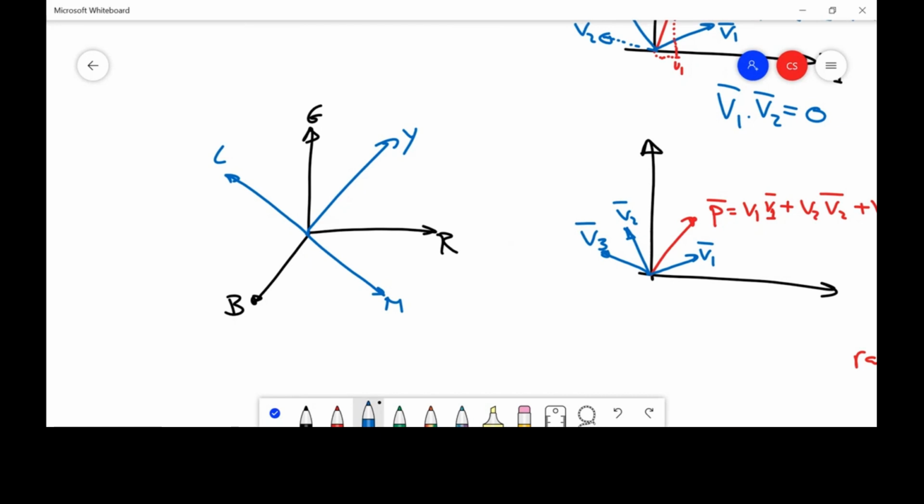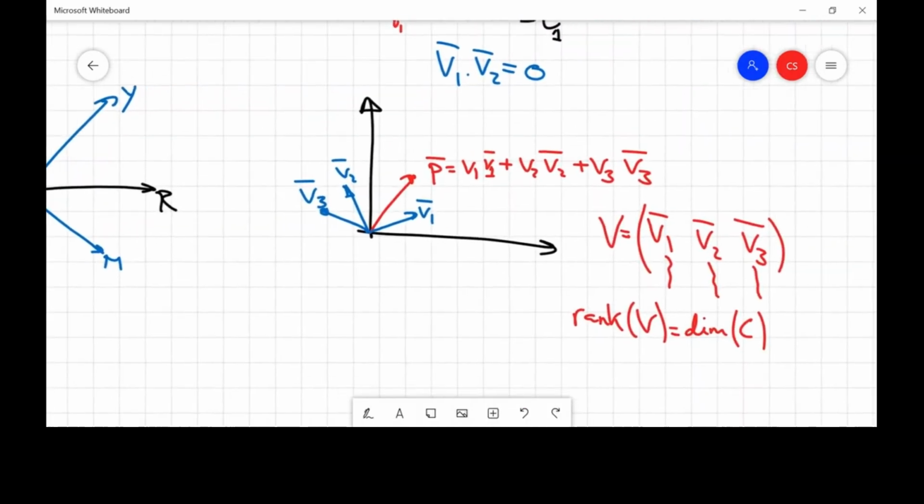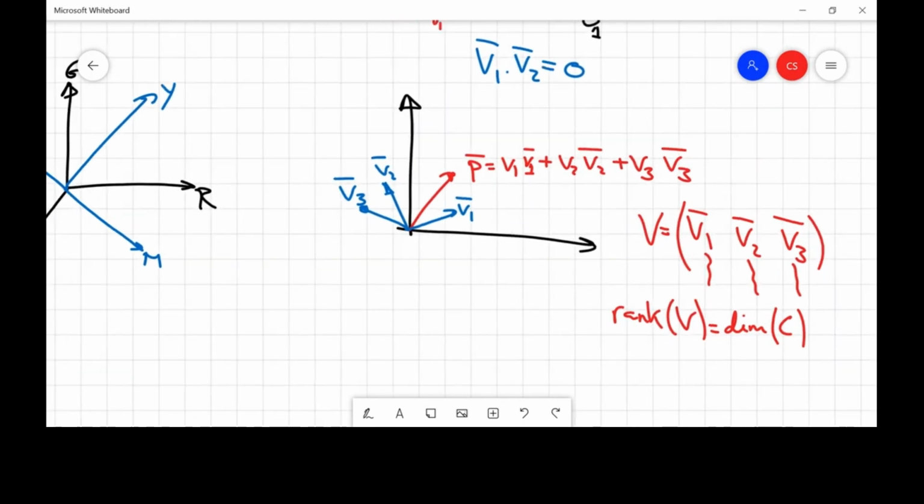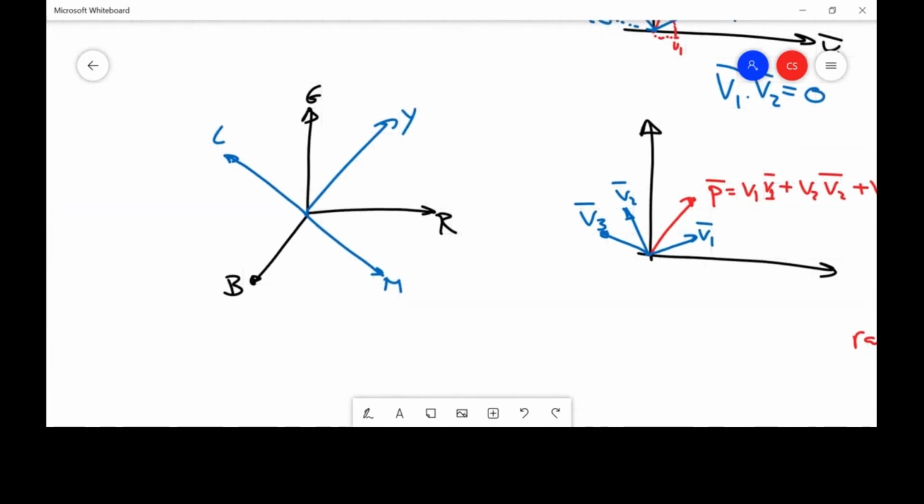So we understand now that this is another basis, but I don't need the basis. At least I need the basis, so I need at least 3 independent vectors. But I can add more. So I can add an extra vector somewhere that is black.